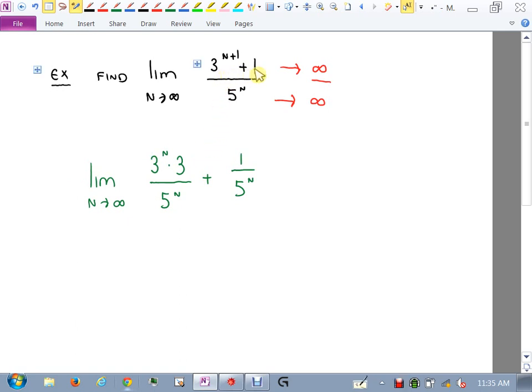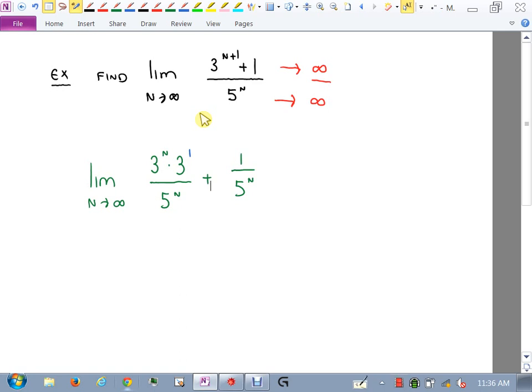I split it. Since I have 2 terms up here and 1 down here, I put this on top of this and this on top of this, right? Do you agree? And separate them with the plus sign. Now, I rewrote 3 to the n plus 1 as 3 to the n times 3. Do you agree that that's the same? We're going to do that a lot, so get used to it. This is the same as this, right?